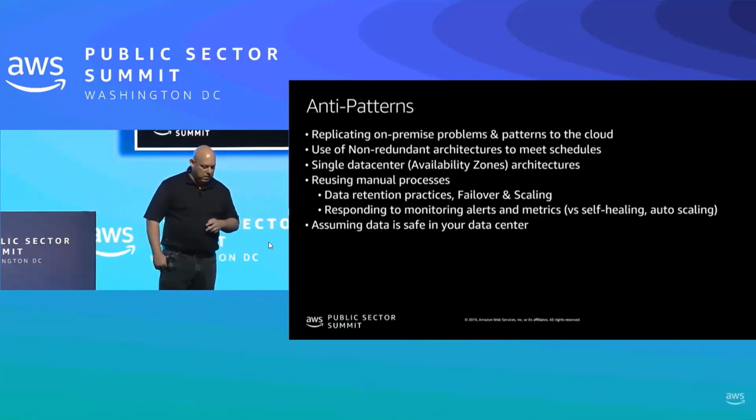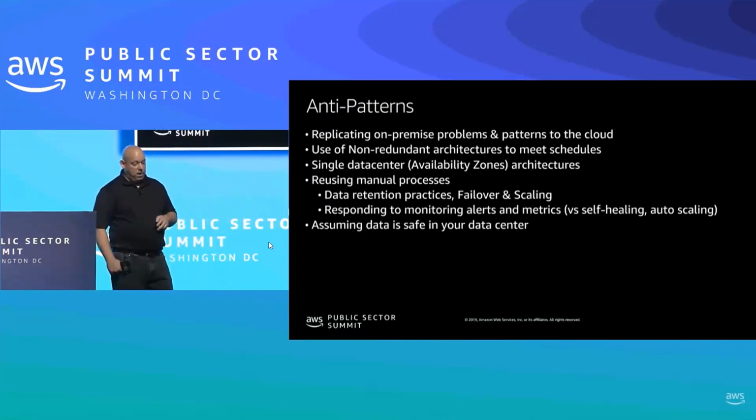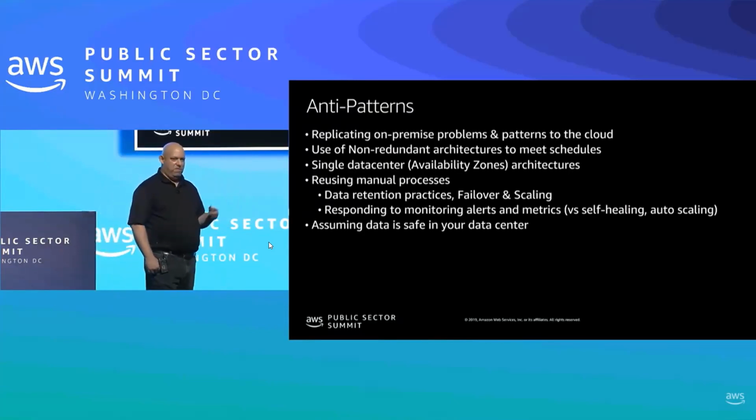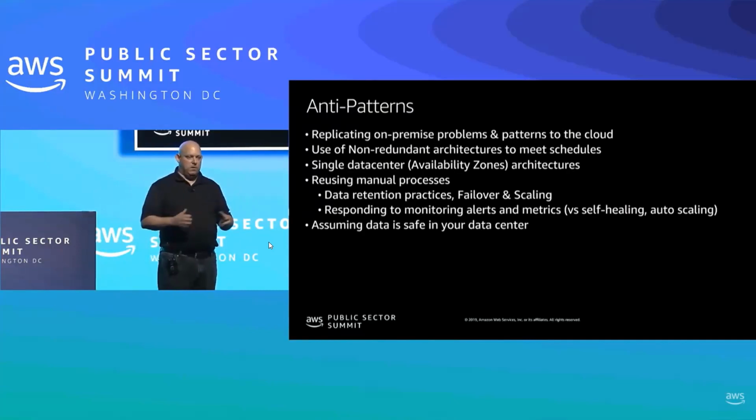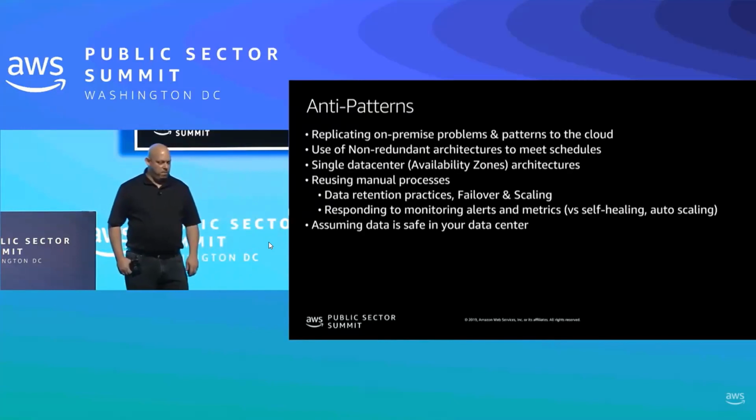You can have multiple instances. Another is continuing to trust in manual processes and operations. I know we all have gotten comfortable over the years with the processes that we run on premise. But it's a great opportunity, especially with infrastructure as code and the automation capabilities as we move to the cloud, to re-ask that question: is there a better way?